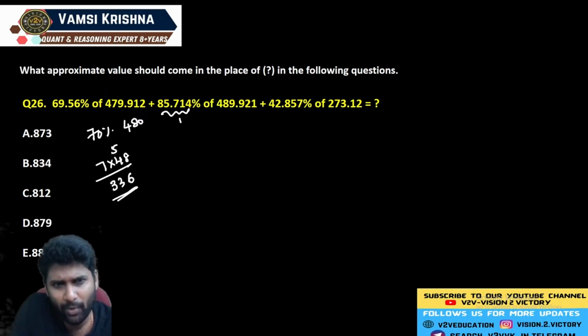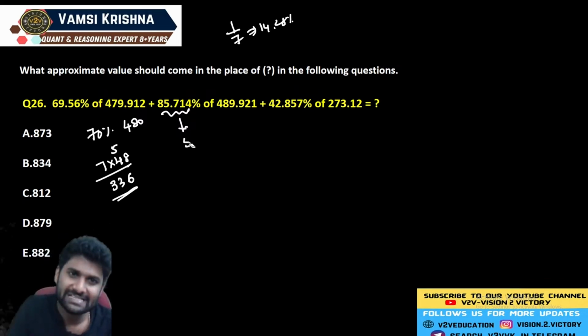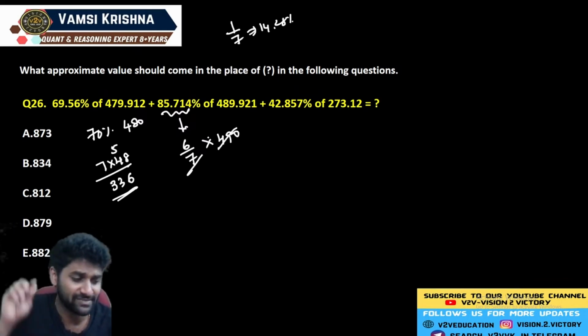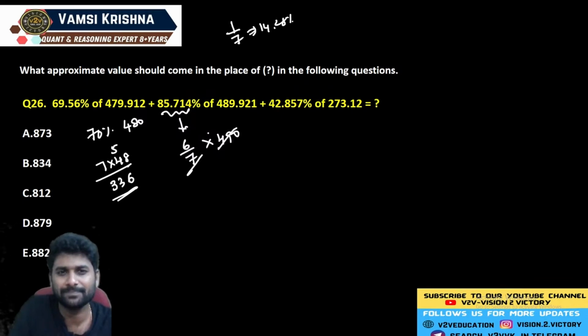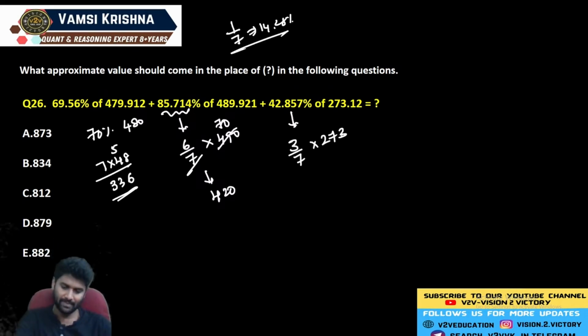And 85.714, guys, you already know that 1/7 of a value is equal to 14.28 percentage. Definitely it's a value of 6 by 7. Why? Because 86 plus 14, guys. So 6 by 7 of 490 is taken this way. That's why learn all the conversions. 7 sixes are 420. Now 42.87 percentage means, you already know, it's a value of 3 by 7, multiplied by 273.